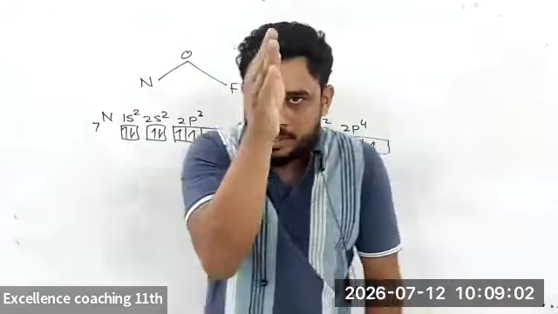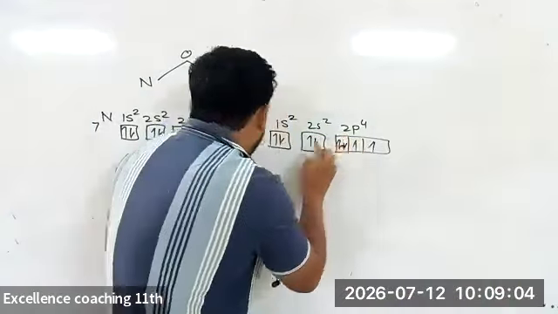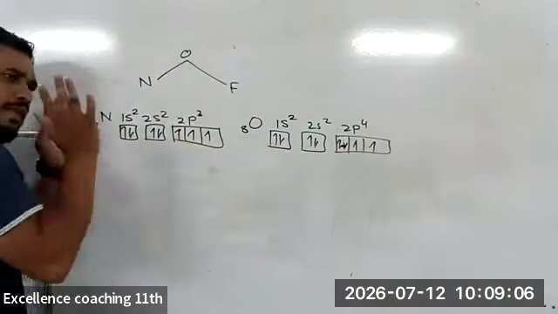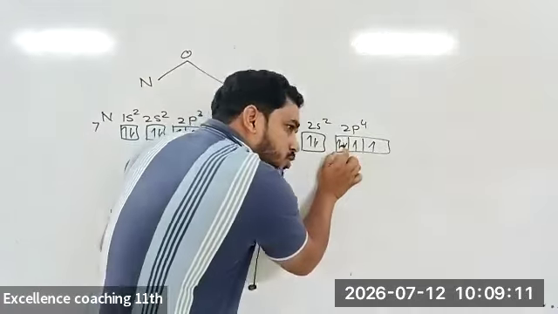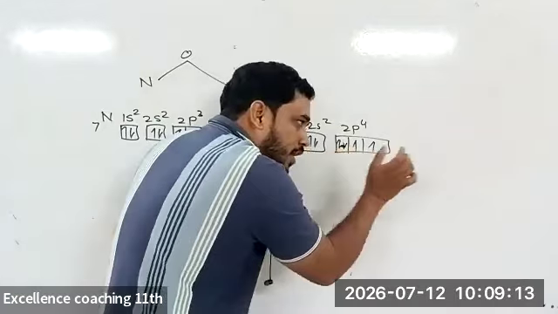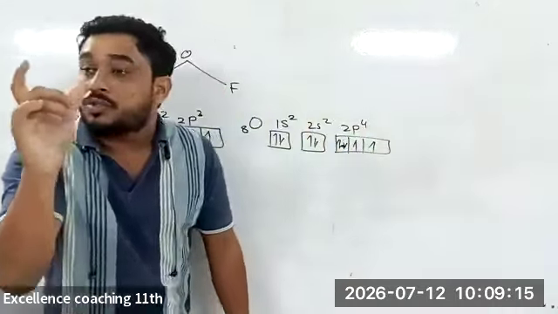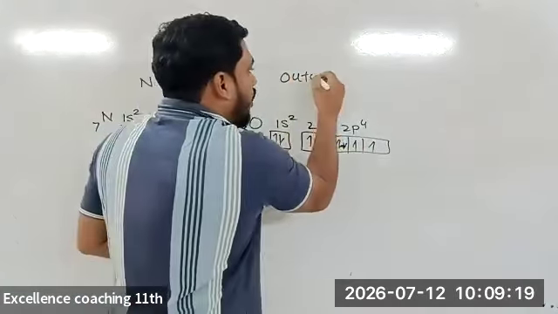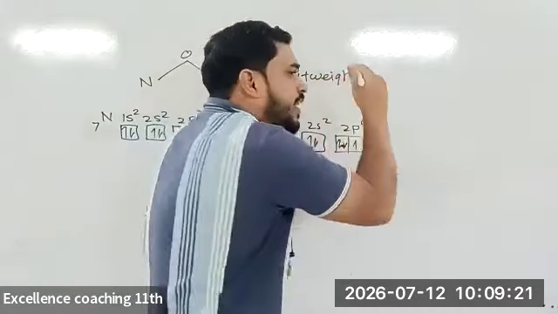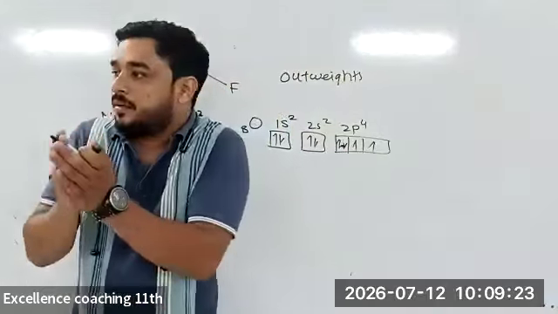In nitrogen there was one electron in each orbital, they were happy. When this electron comes, it is also a negative charge. So the repulsion is so much that it outweighs. Outweighs means it neglects, deletes.